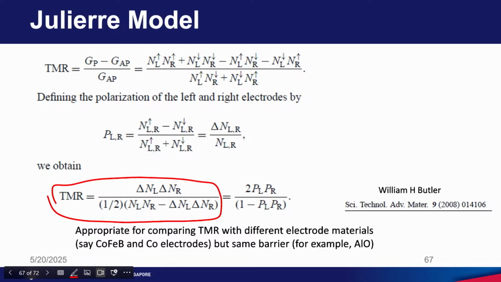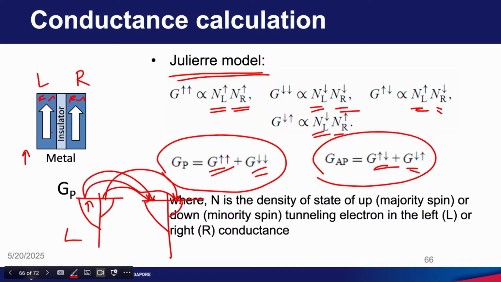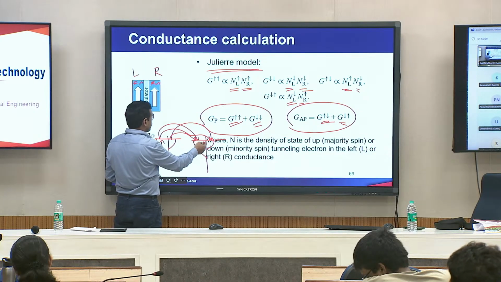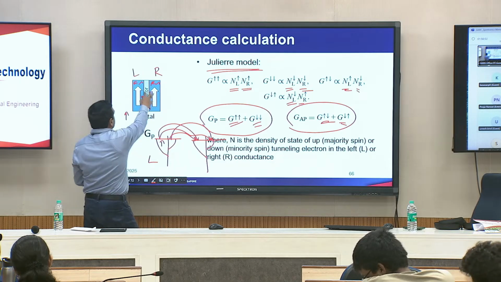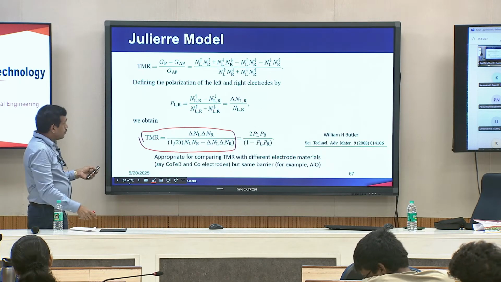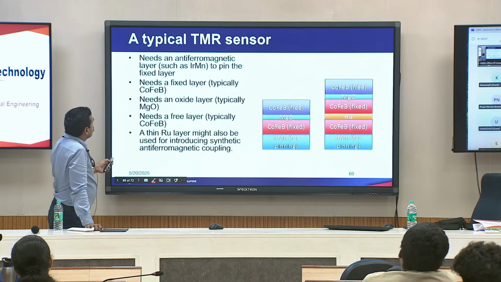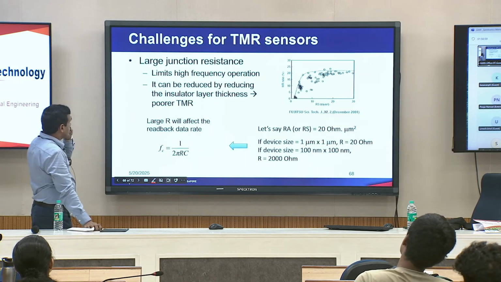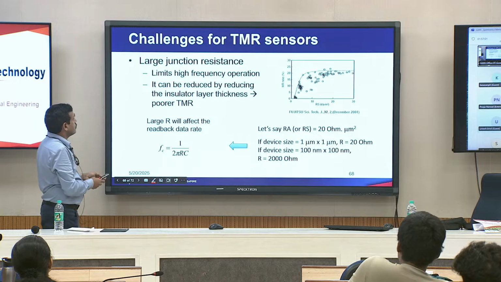What it states is that in this case the probability of tunneling depends on the available states, the number of electrons that can go from one side to the other side, and the density of states available on the other side. Okay, we will learn the other theory later.